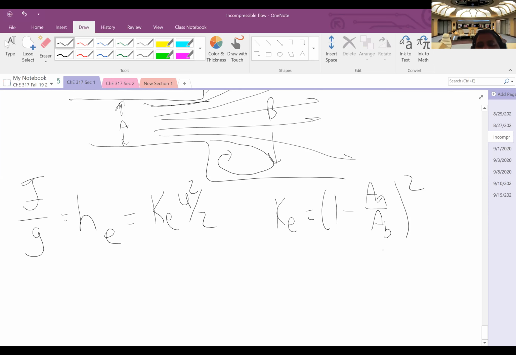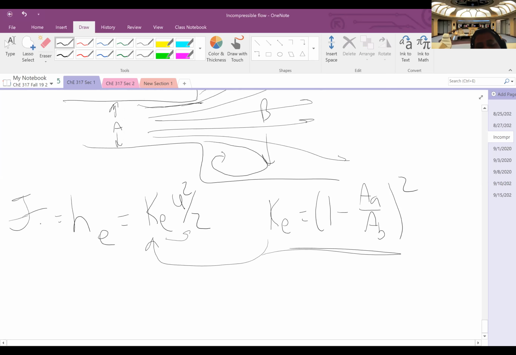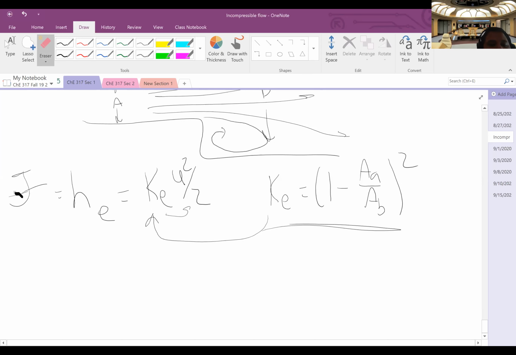And so you get an expansion coefficient, which is a function of the two sectional areas. You multiply that times the kinetic energy of the system, U squared over 2, divided by gravity, and then you get an idea of the losses due to expansion.